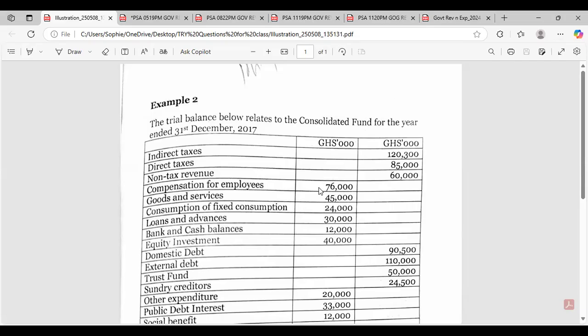Example 2. The trial balance below relates to the consolidated fund for the year ended 31st December 2017.